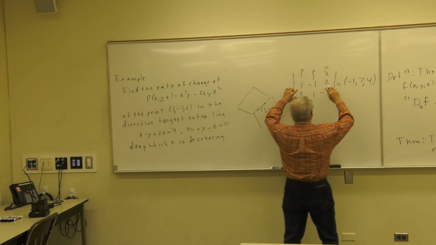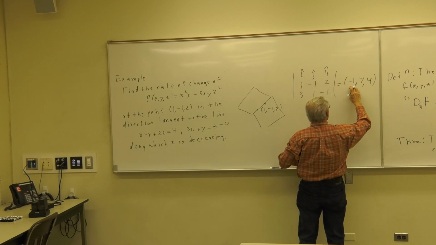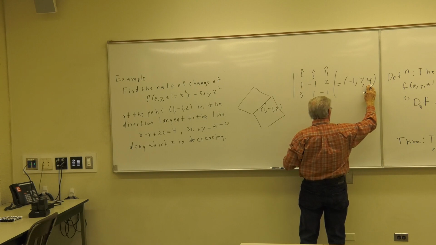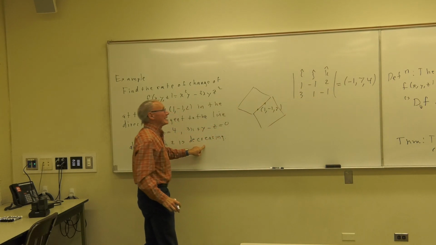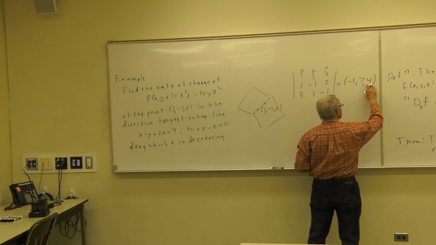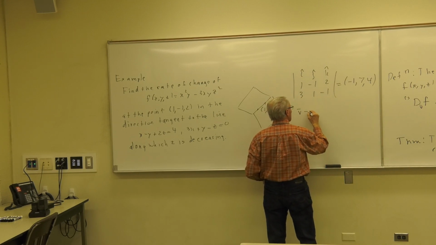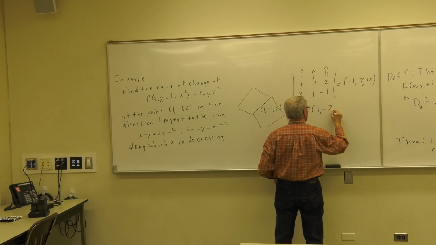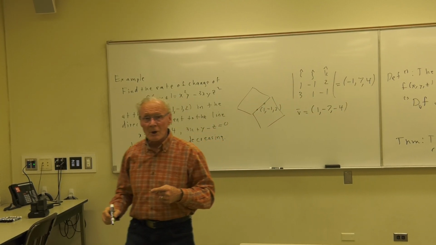If I had put these in the reverse order, then I would have got 1, -7, -4. But notice it said along the way, z is decreasing. Therefore, I do not want a positive z component. I want a negative one. So v then is going to be (1, -7, -4). That's the direction we're going to go in.